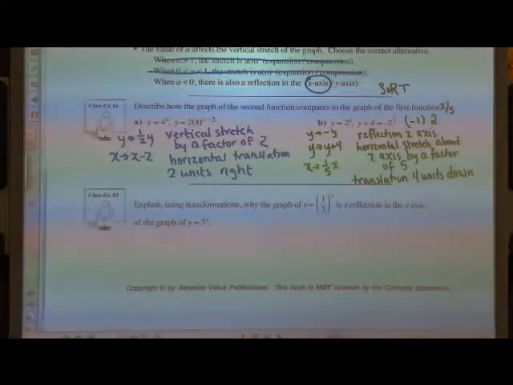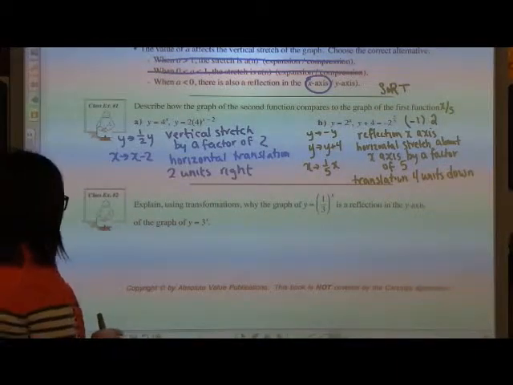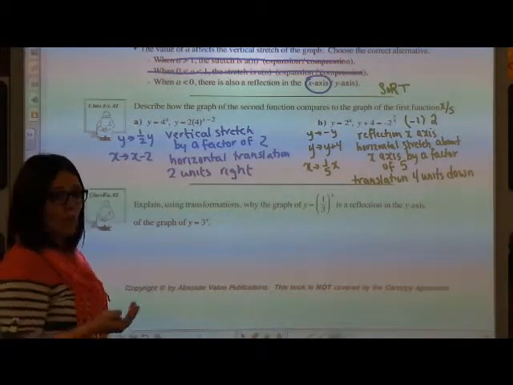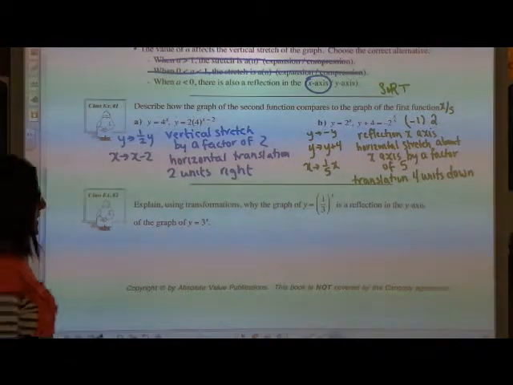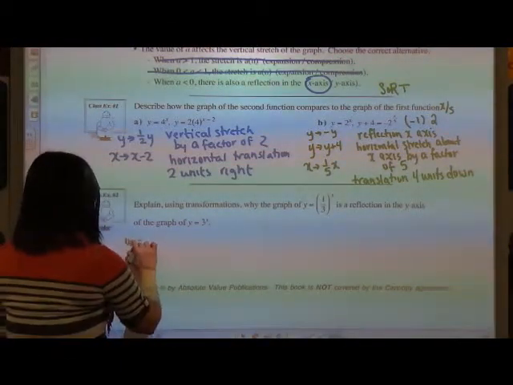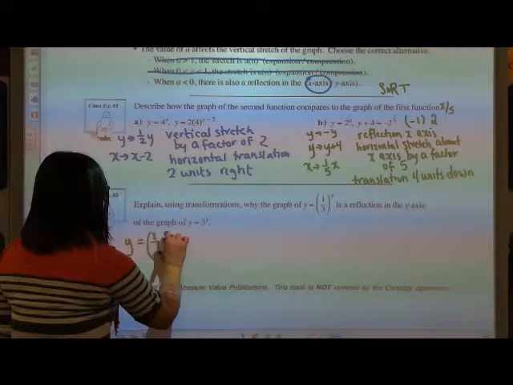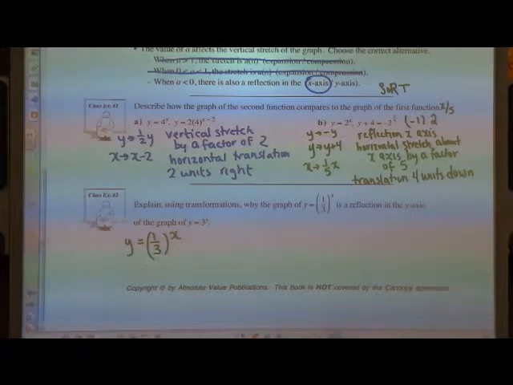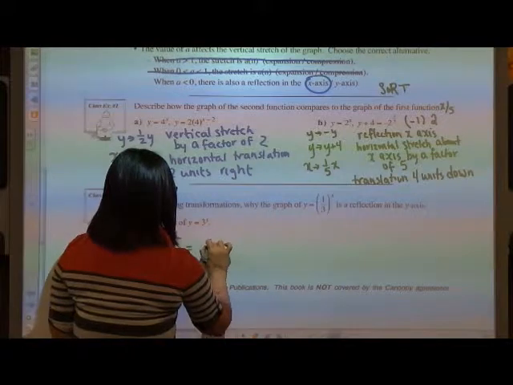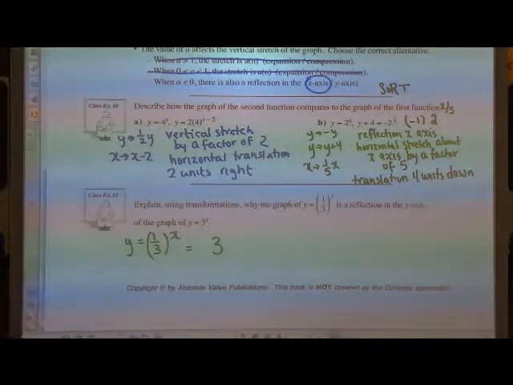So using that idea of replacements, we can now answer the question of why the graph of y equals 1/3 to the power of x is a reflection in the x-axis of the graph y equals 3 to the power of x. And to do that, we're going to use common bases. So if I want to change 1/3 to the power of x into a base of 3, how would I do that? What exponent to the power of 3 would give me 1/3?